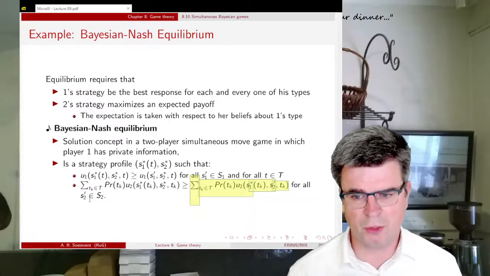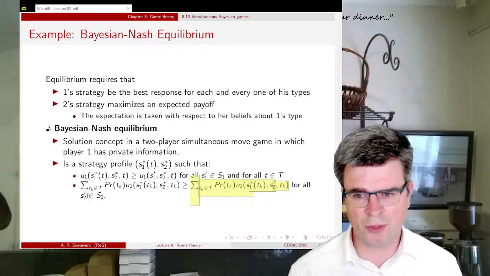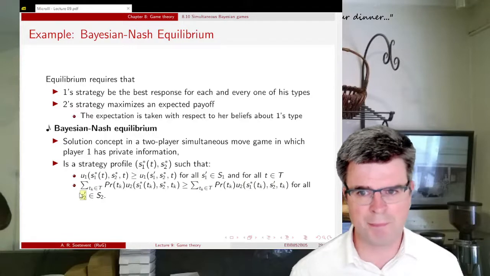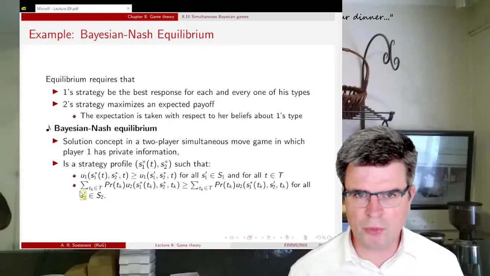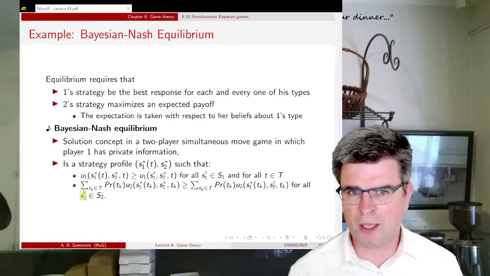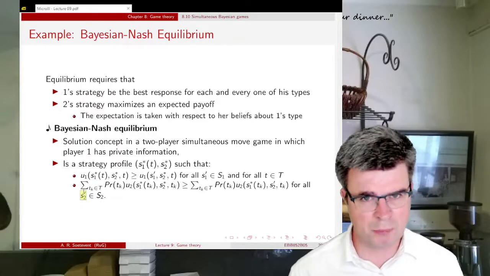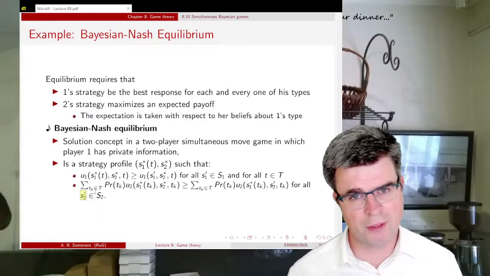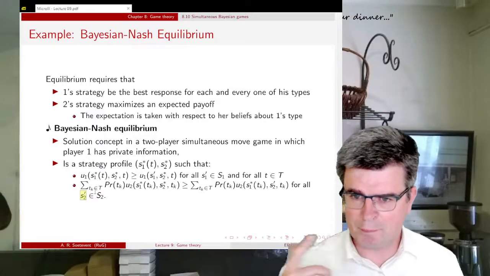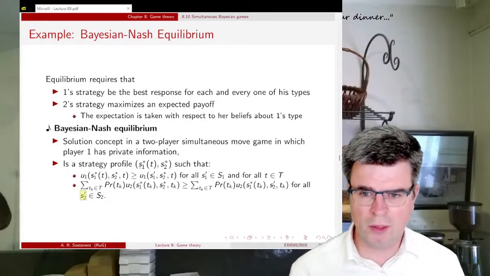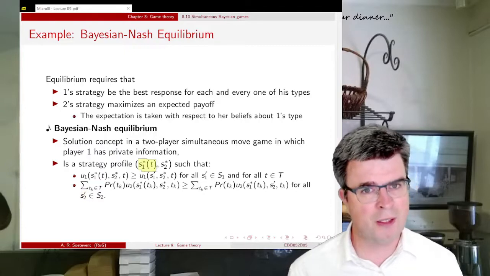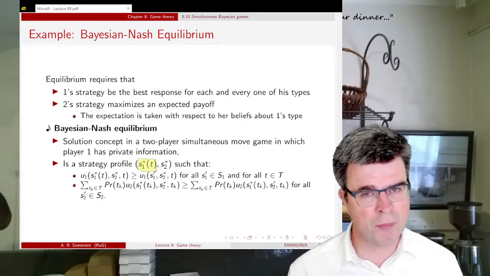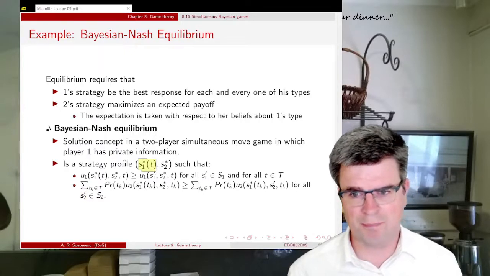These other feasible strategies are denoted as s2'. So again, the solution concept is very much in line with the concept that we saw before with the mixed strategy equilibria, except that now one of the players has private information about his type.